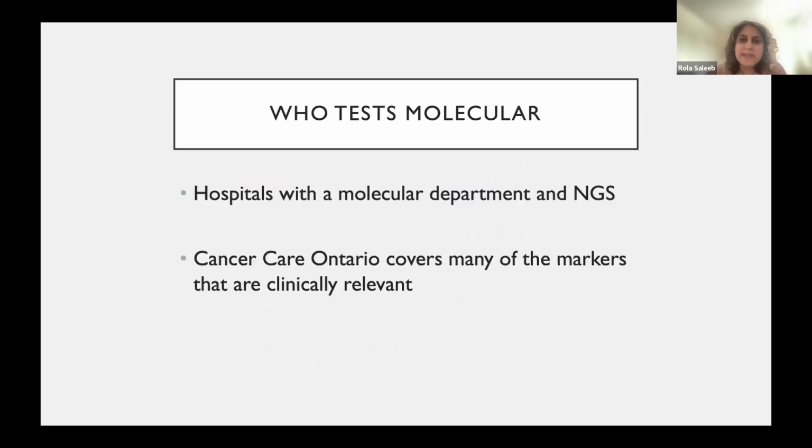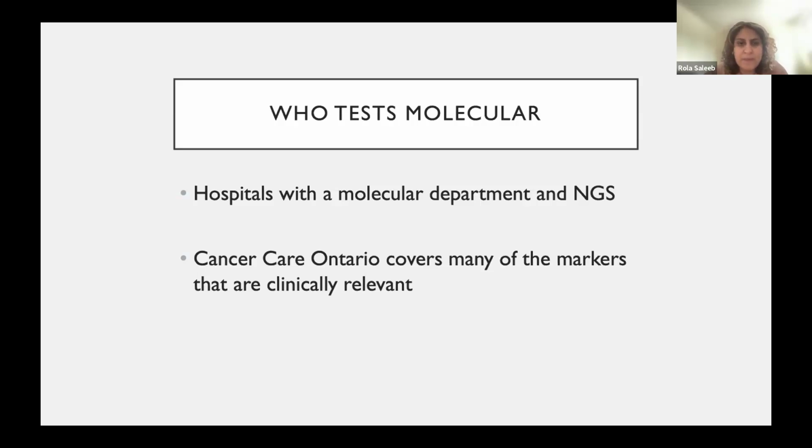So who tests molecular? Not all hospitals have the ability to do molecular testing. Immunohistochemistry is pretty much in every pathology department. Some pathology departments are bigger than others and perhaps have a bigger immunohistochemistry menu, but it's accessible. Immunohistochemistry is really everywhere. Molecular in Canada, for instance, is not everywhere, usually big centers.